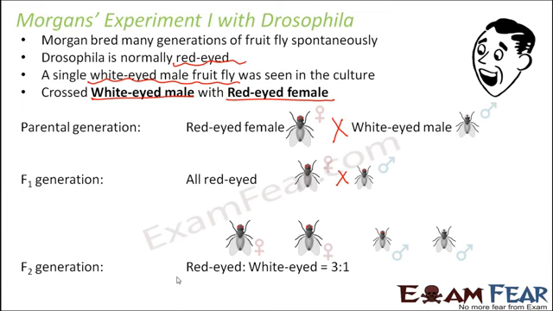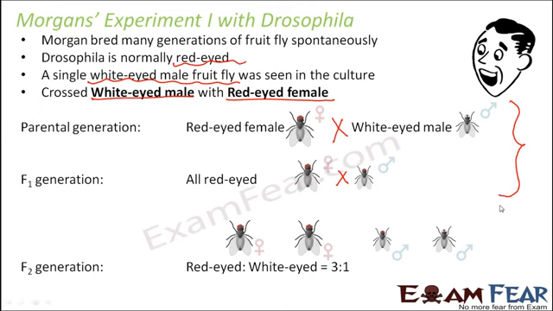Another important thing that he observed was that all the females of the F2 generation were red-eyed, but all the males were not red-eyed. 50% of the males were red-eyed, whereas the remaining 50% of the males were white-eyed. Now he could conclude something with this experiment. Up till the F1 generation, it was on the same lines as Mendel's experiments.